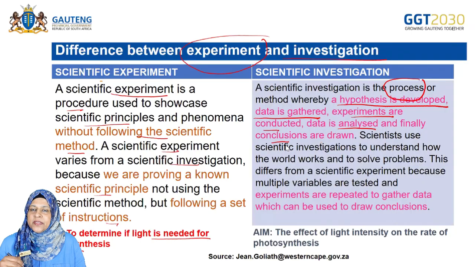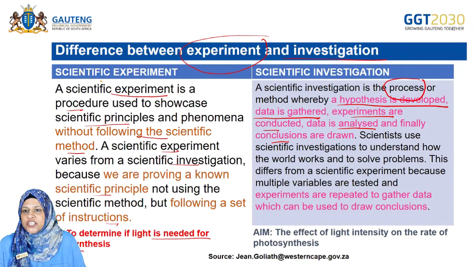So the experiment itself is showcasing or doing the experiment, but an investigation is a whole process where many experiments are conducted. Scientists use scientific investigations to understand how the world works and to solve problems, and this differs from an experiment because multiple variables are tested and experiments are repeated to gather data which can then be used to draw conclusions.